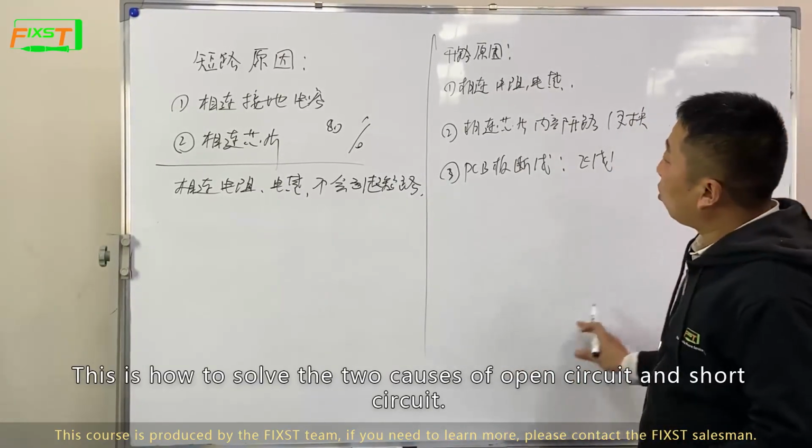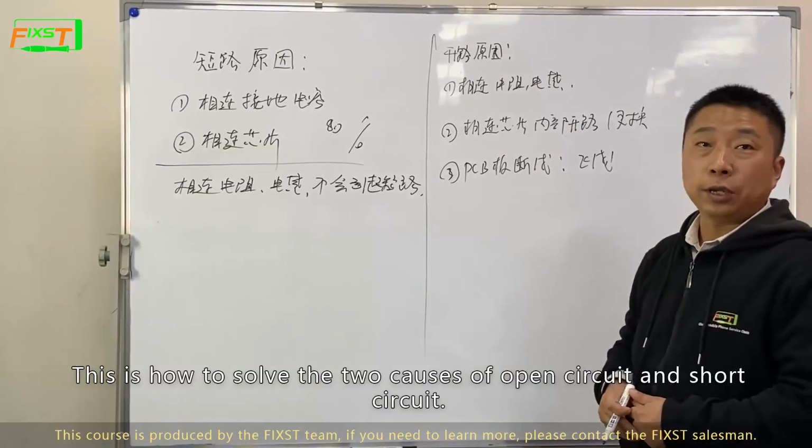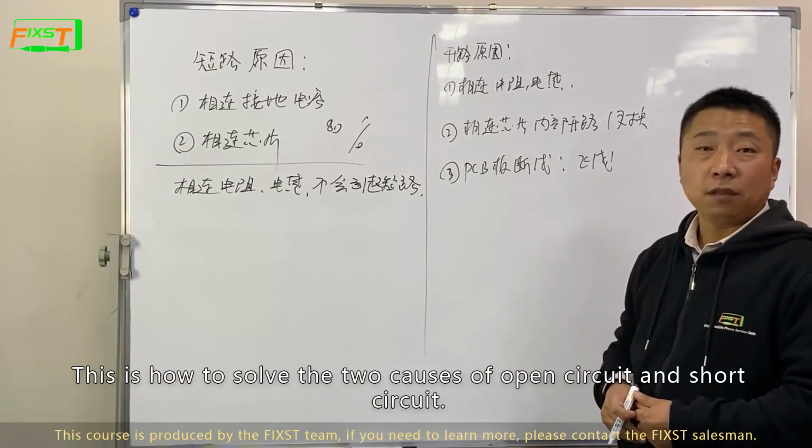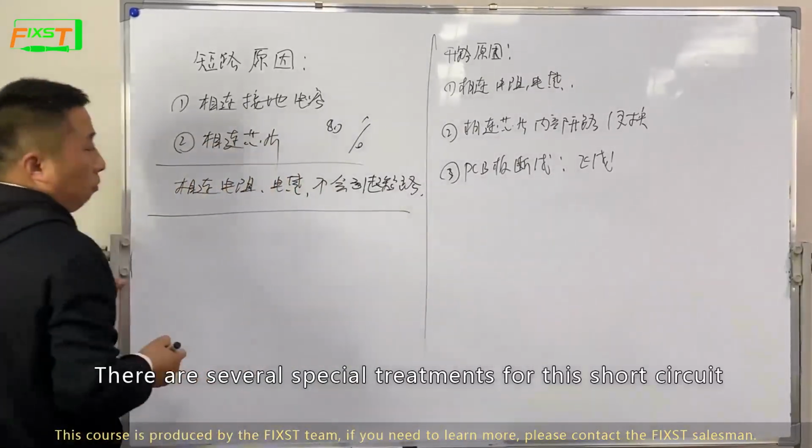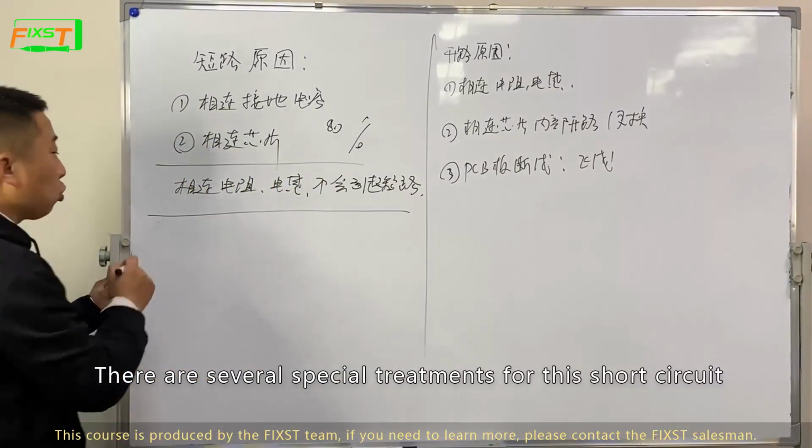This is how to find the two causes of the open circuit and short circuit. We need to know one more point. There are several special treatments for the short circuit.